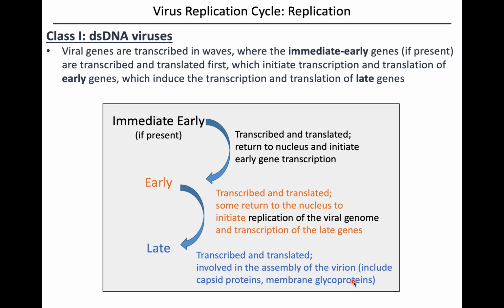And if it's trying to assemble virus particles, but it has not yet replicated its genome, it's going to make non-infectious particles that do not include copies of the viral genome, which would be a problem. So we want to make sure that we get replication of the genome before we start assembling viral particles is the bottom line.